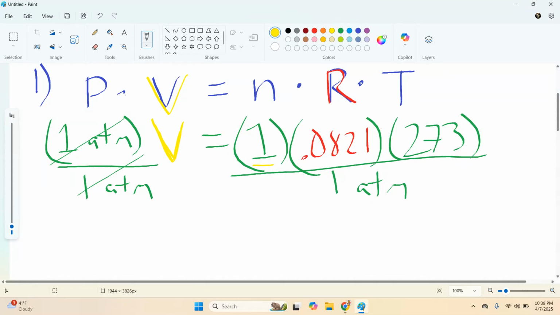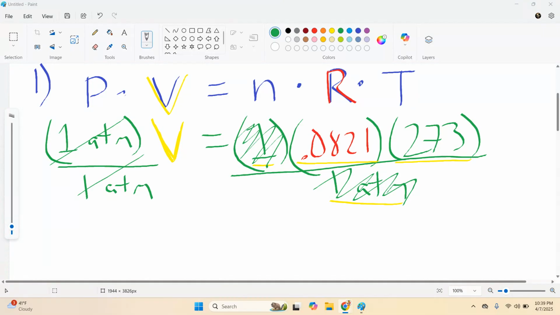1 times 0.0821 times 273 divided by 1. Well, multiplying and dividing by 1 is totally pointless. So we're left with 0.0821 times 273. Let me go to the calculator and figure that out. 0.0821 times 273.